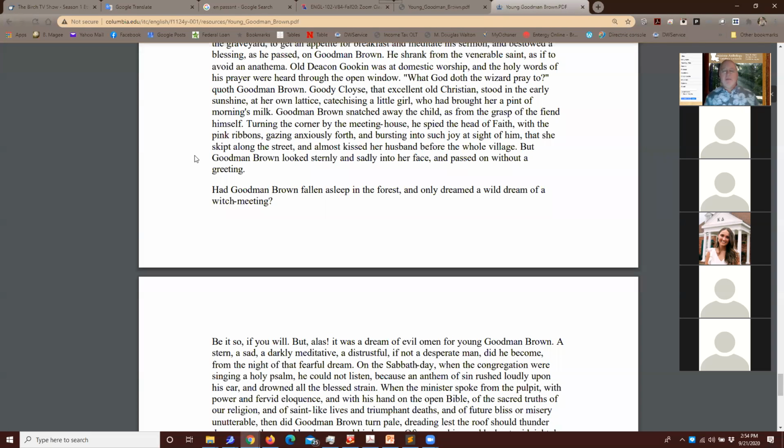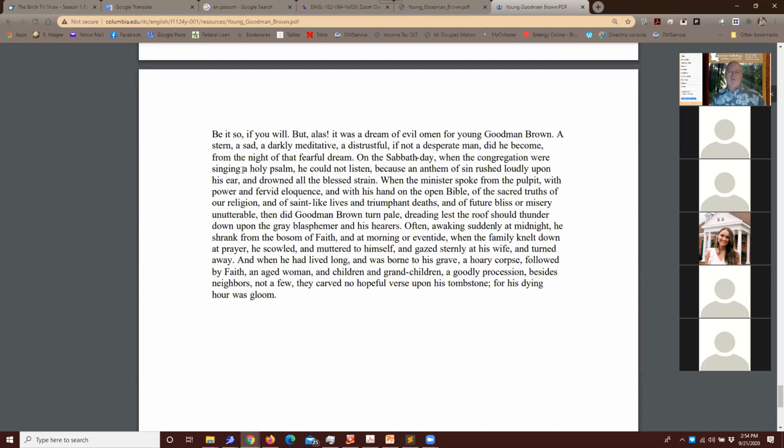Turning the corner at the meeting house, he spied the head of Faith with the pink ribbons, gazing anxiously forth and bursting into such joy at the sight of him that she skipped across the street and almost kissed her husband before the whole village. But Goodman Brown looked sternly and sadly in her face and passed on without a greeting.